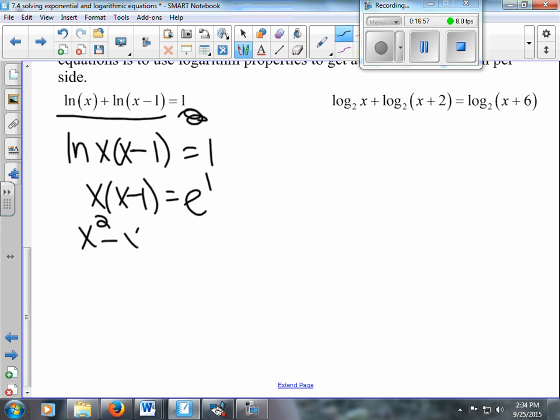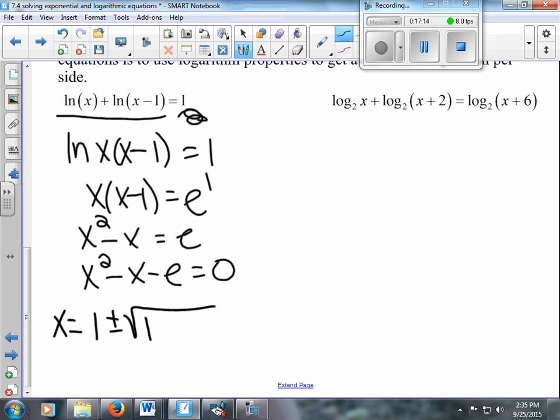I have x squared minus x equals e. So I have to solve this quadratic, I have to make this equal to 0. And it would be lovely if this factored, but it doesn't factor. And so instead, I have to use the quadratic formula. So x equals negative b plus or minus the square root of b squared minus 4ac all over 2a.